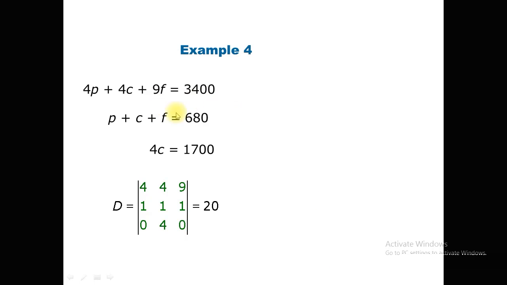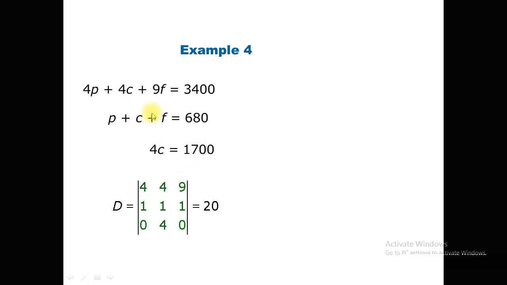For example, we have a system of three equations: 4p plus 4c plus 9f is equal to 3400, another equation p plus c plus f is equal to 680, and in the third equation we have 4c is equal to 1700.